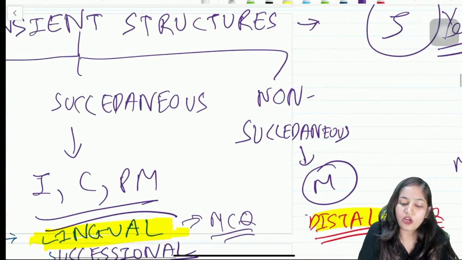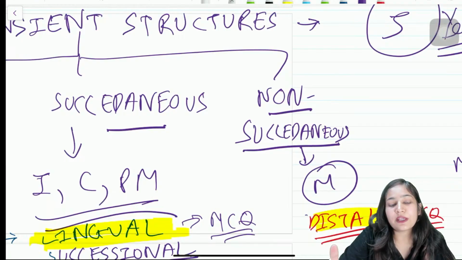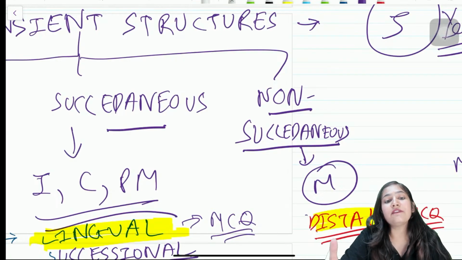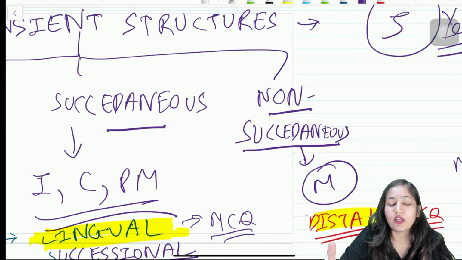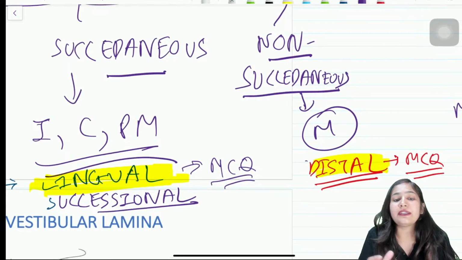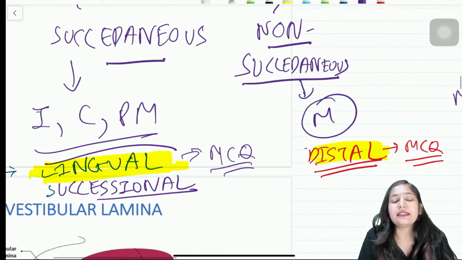For succedaneous and non-succedaneous teeth, the timing of tooth development is different. The first succedaneous tooth forms in the 5th month in utero, while the last tooth forms during the 10th month after birth. So the second premolar will be 10th month after birth, and the first tooth will be the incisor, at the 5th month in utero.